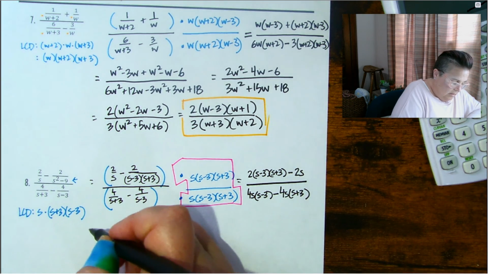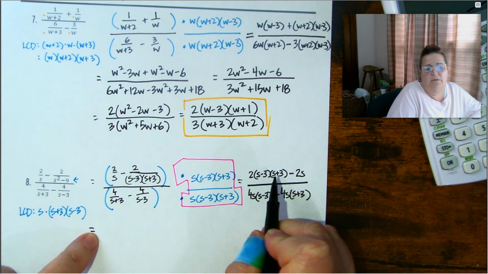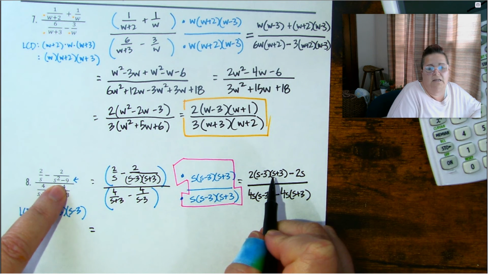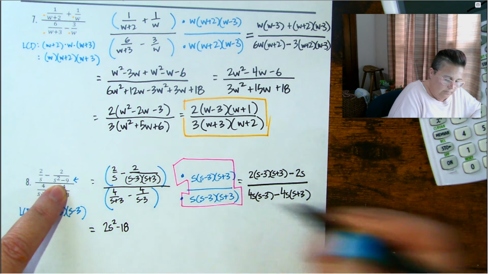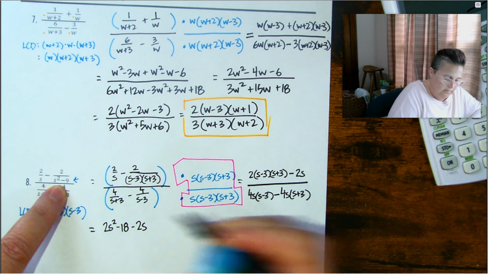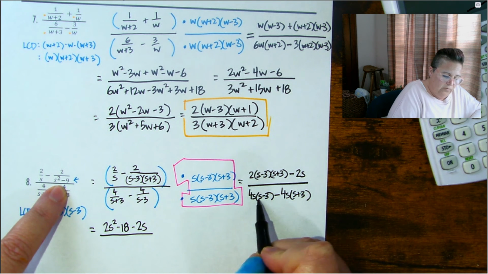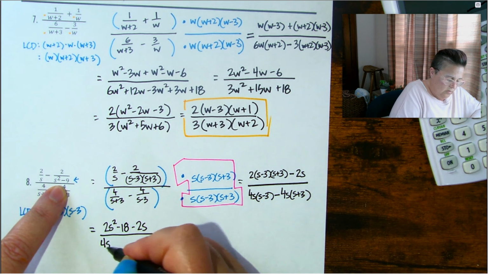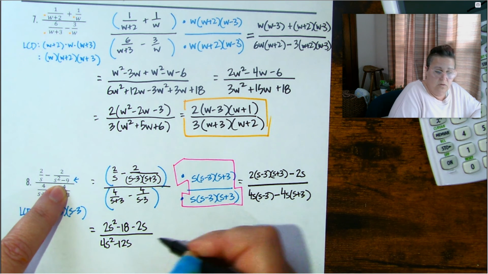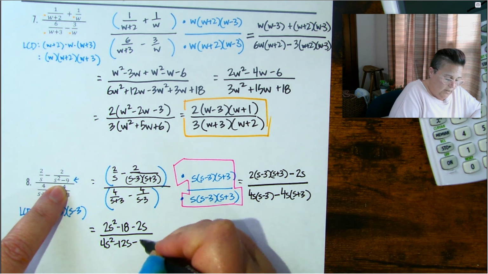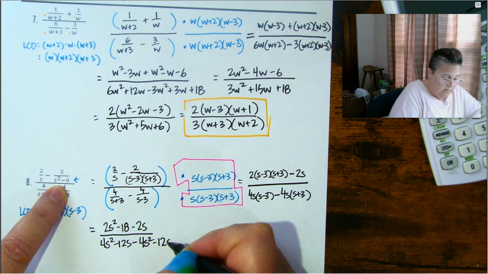Okay, equals. Simplify. I know that s minus 3, s plus 3 was my s squared minus 9. So that will leave me 2s squared minus 18 minus 2s over. This will be a 4s squared minus 12s minus 4s squared minus 12s, right?